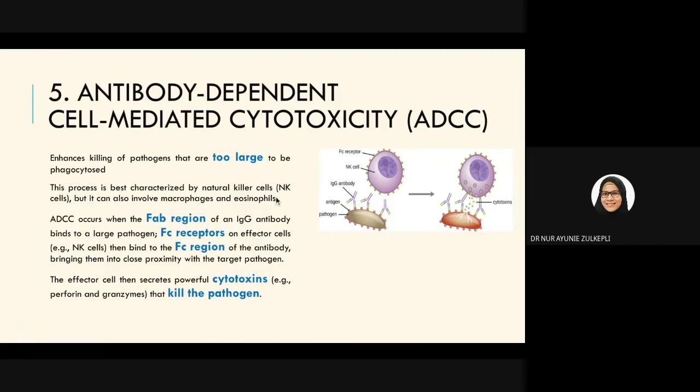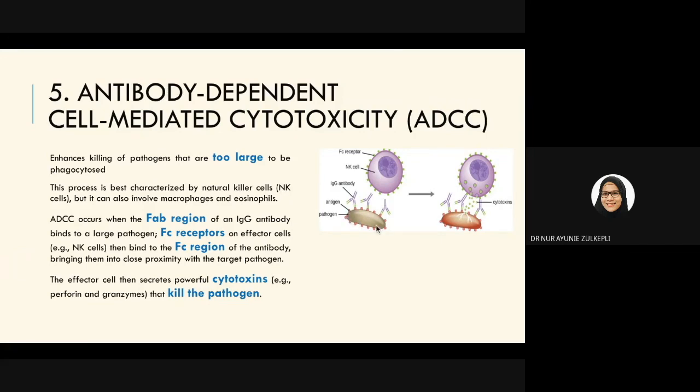So what the antibody does is that the Fab region of the IgG antibody will bind to the epitopes of the antigens of a large pathogen, and the Fc receptor on the effector cell, for example, the natural killer cells that initiate this ADCC, will bind to the Fc regions of the antibody here, making close contact and interaction of the natural killer cells and the pathogens.